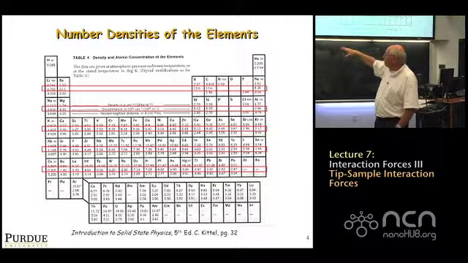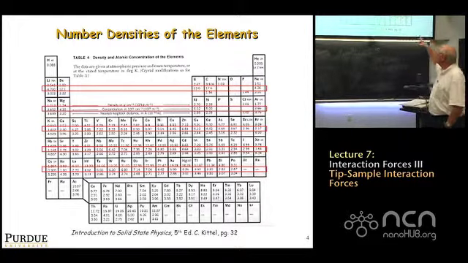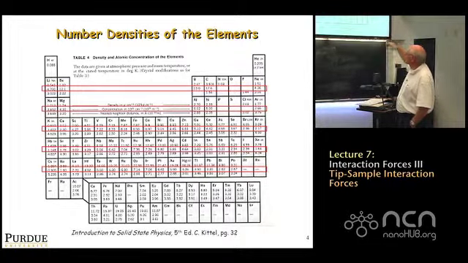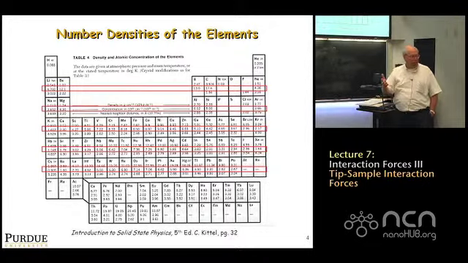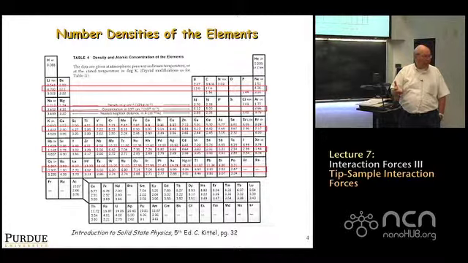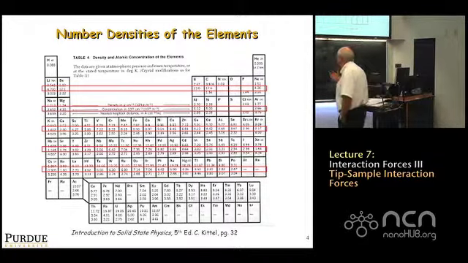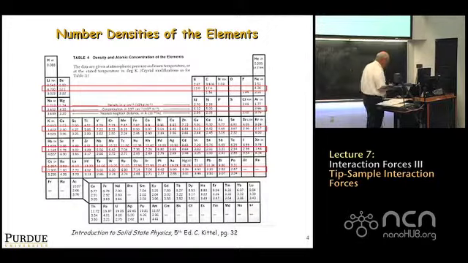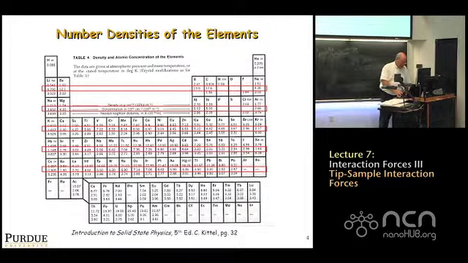On page 32, for every element, they list these number densities, indicated by the numbers in these red boxes. They're on the order of 3 to 4 times 10 to the 28th atoms per cubic meter for all the elements in the periodic table. So just to give you a sense of what that number is. If you ever need those numbers, you can always refer to Kittel.